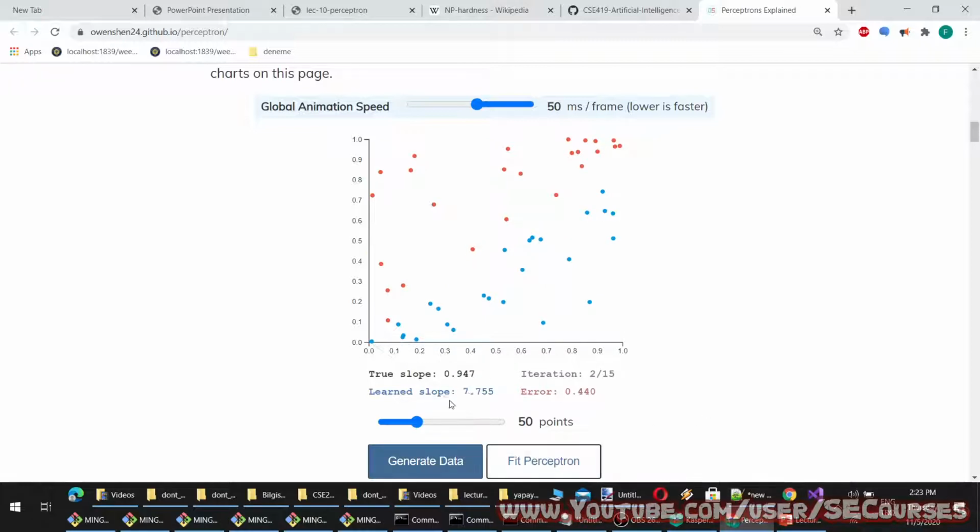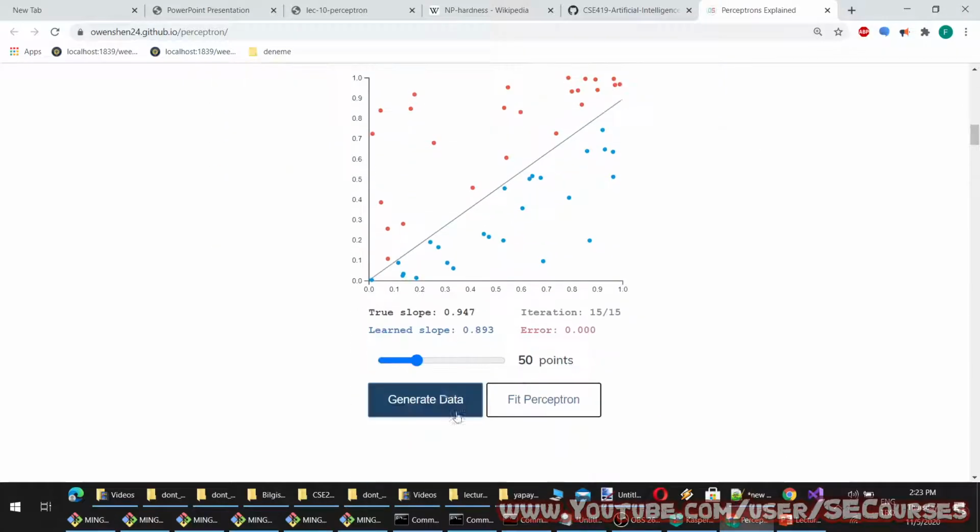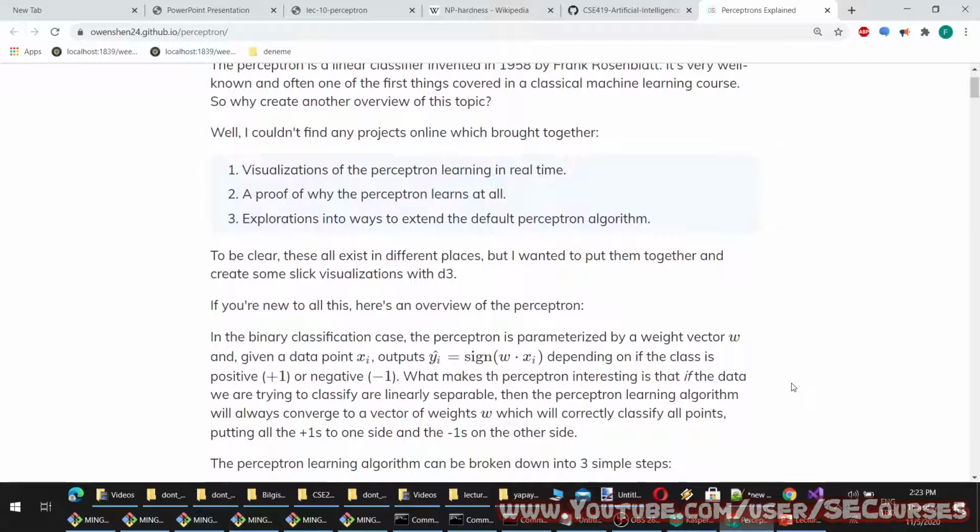Okay, let's try this. So you see, this one took 15 iterations. 15 times it has actually checked all of the examples and updated the weights according to the incorrect examples, and then the weights are calculated.